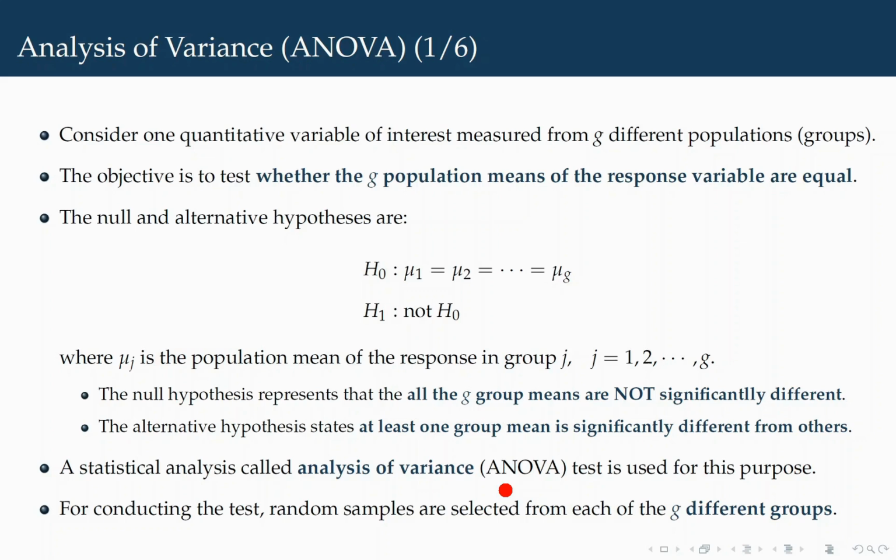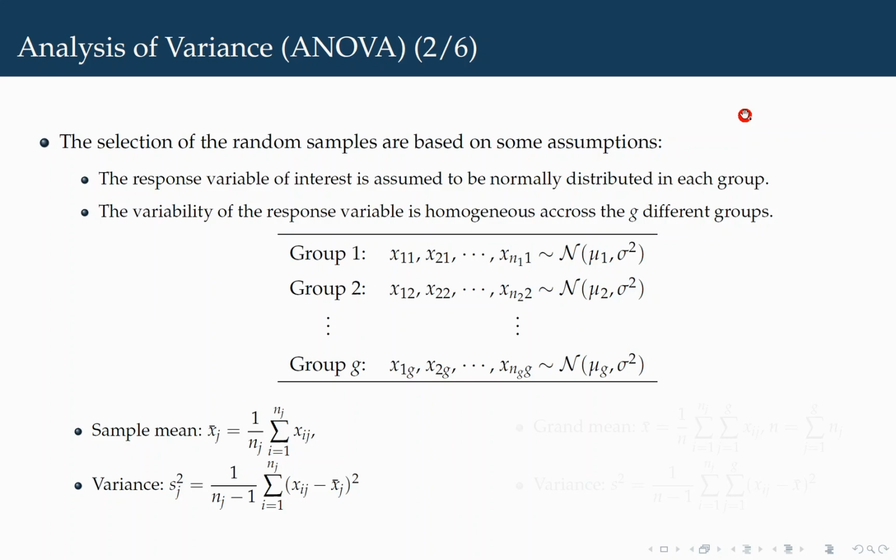So for conducting this ANOVA test, random samples are going to be selected from each of the G different groups under the assumption of normal distribution. Besides the normal distribution assumption of each group, we also assume that the variability of the response variable of interest is homogeneous across the G different groups.